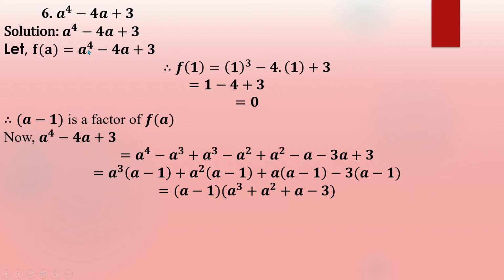Here the leading coefficient is 1, so we have to take either plus 1 or minus 1, or a factor of 3. Their factors will be 1 and 3, so we can take plus 1 or minus 1 or plus 3 or minus 3. When we put a equal to 1, this makes 0, so no need to think about other factors of 1 or 3.